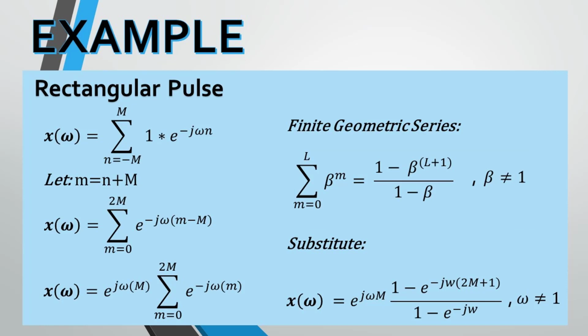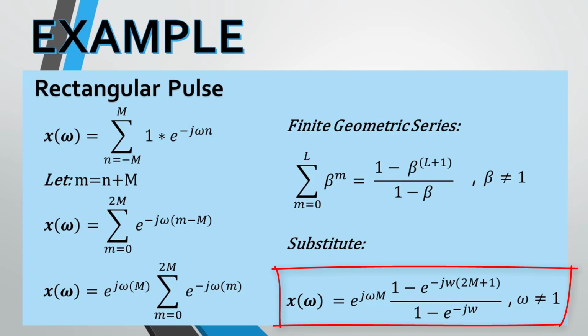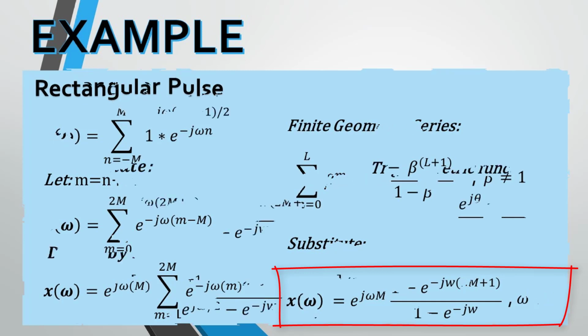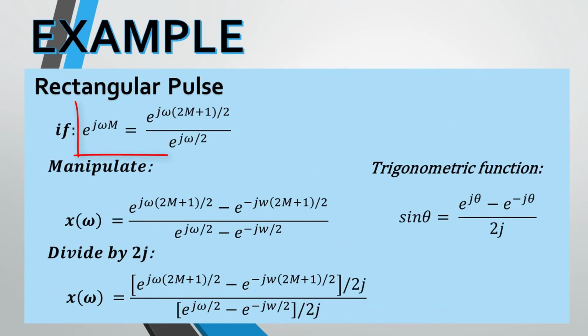We can express the sum in closed form as 1 minus e raised to negative j omega, quantity 2 capital M plus 1, all over 1 minus e raised to negative j omega, such that omega should not equal 0. We break up the term e raised to j omega M into a ratio of two terms. This is to manipulate the expression.